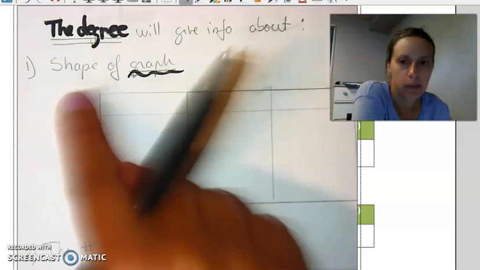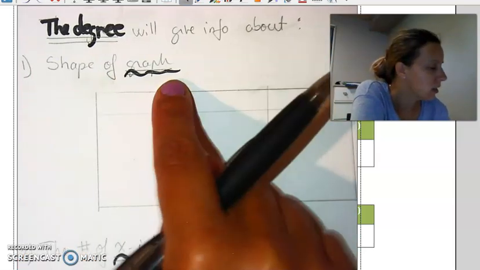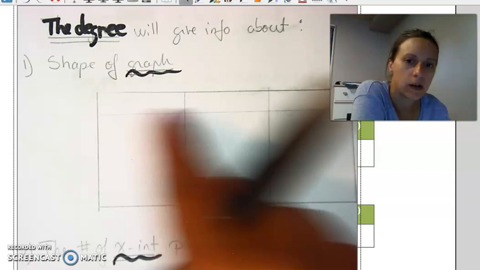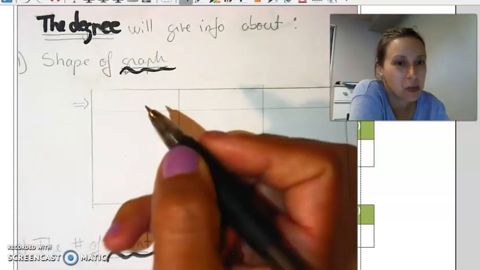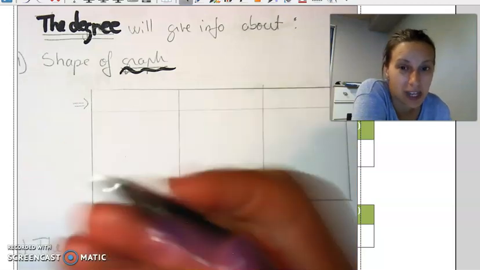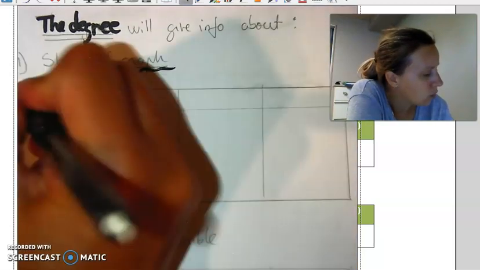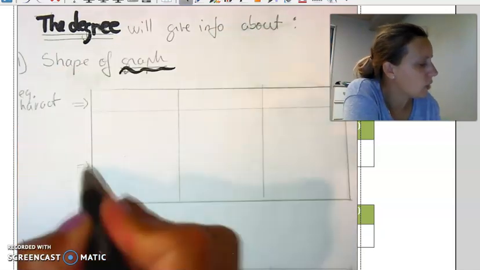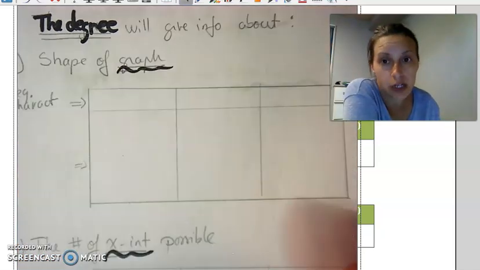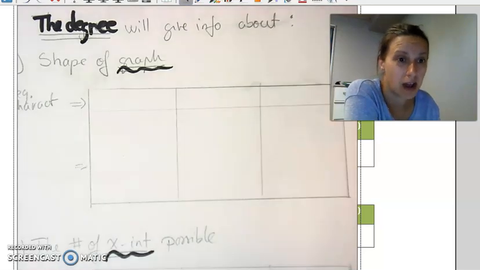Now the top of this table is an equation characteristic, because the degree of the function comes from the equation. So equation characteristic. And here, when I fill it out with information about the graph, those are graph characteristics.